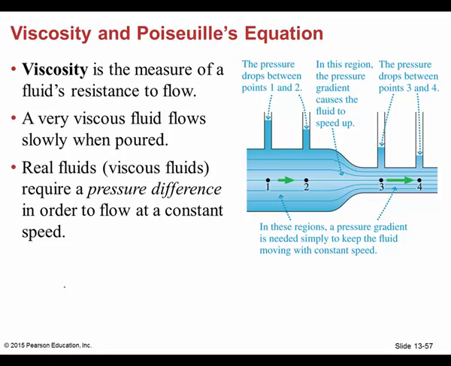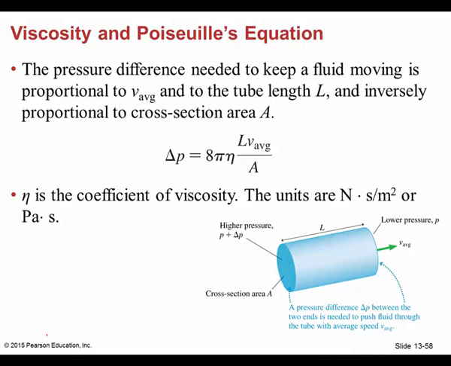Okay, now, when we look at pressure and Poiseuille's equation, viscosity and Poiseuille's equation, notice that the pressure difference needed to keep a fluid moving is proportional to the average velocity, the tube length, and inversely proportional to the cross-sectional area.